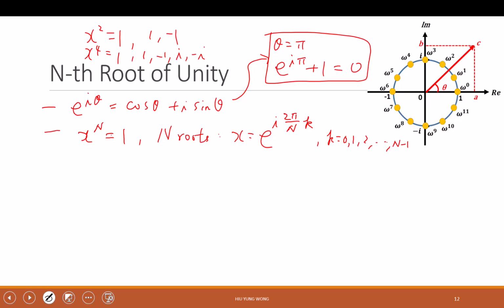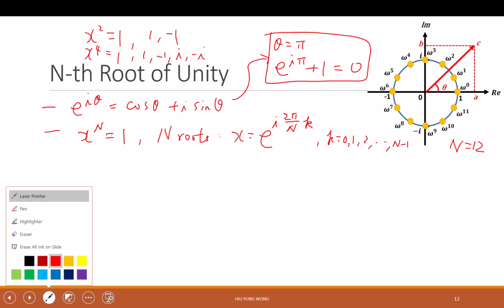For example, this figure shows capital N equal to 12, in the complex plane. This is real, this is imaginary. You ask what is x, where x to the power 12 equals 1. You have all these 12 solutions.